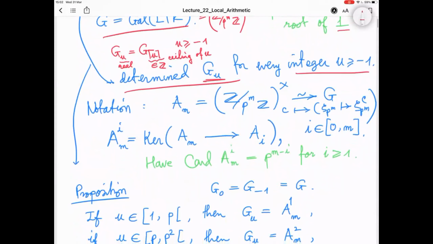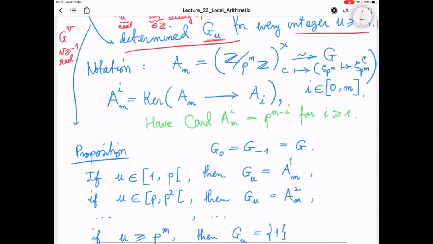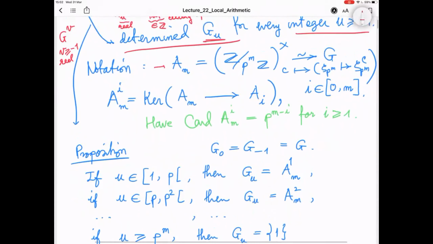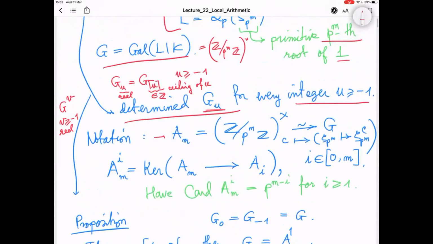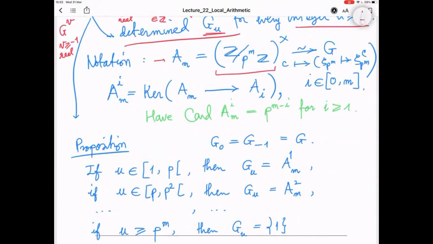Now I would like to determine G^v for v any real number which is greater than -1. So this is what we would like to do next. For that, let's abbreviate by A_m this multiplicative group (Z/p^mZ)^*. As I said, we have identified this with the group G. That's the isomorphism.